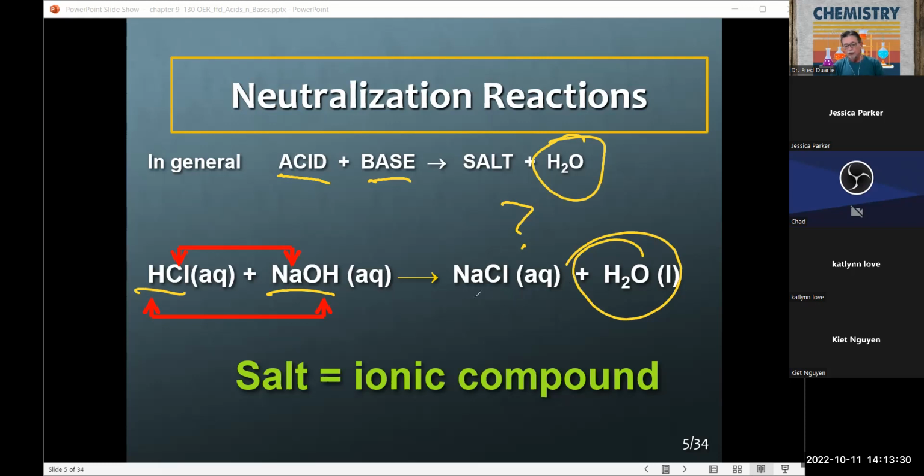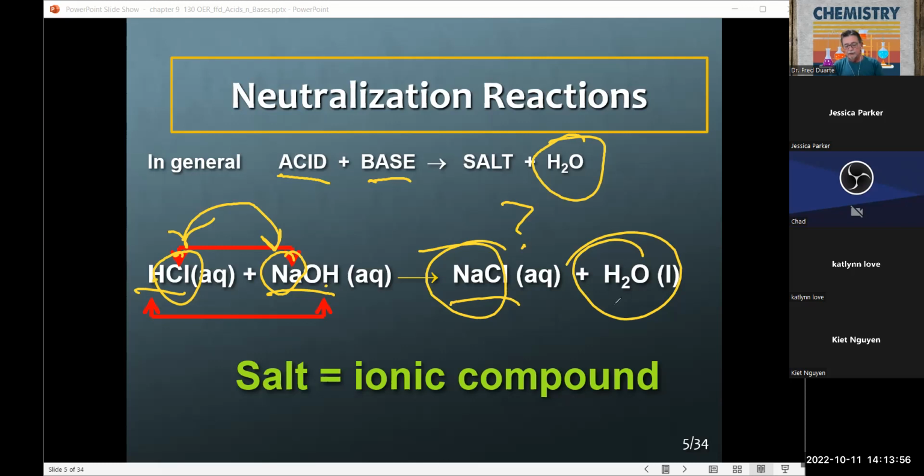And then what's left over are the respective anions and cations of the acid and the base. So in this case, the sodium combines with the chloride to form the sodium chloride right here, okay? And then the proton reacts with the hydroxide to form water, okay?